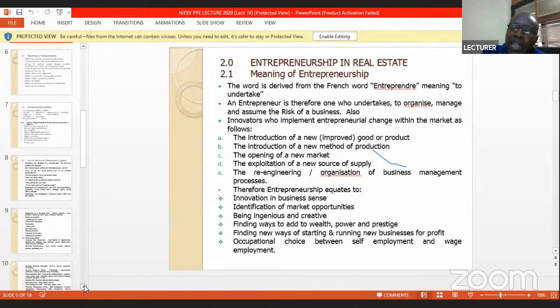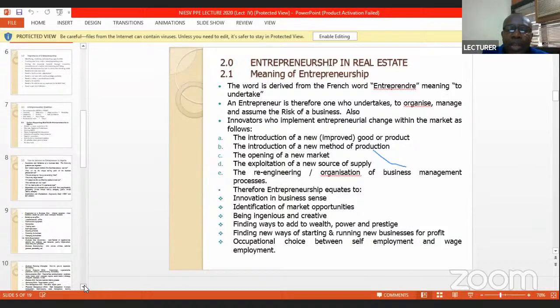If you want to put it in another way, entrepreneurs are innovators who implement entrepreneurial change within the market as follows.